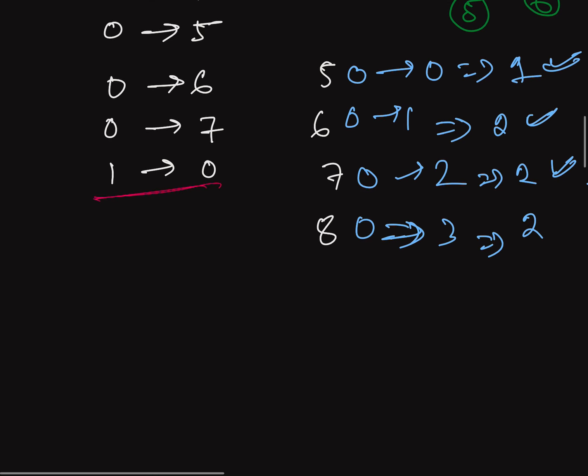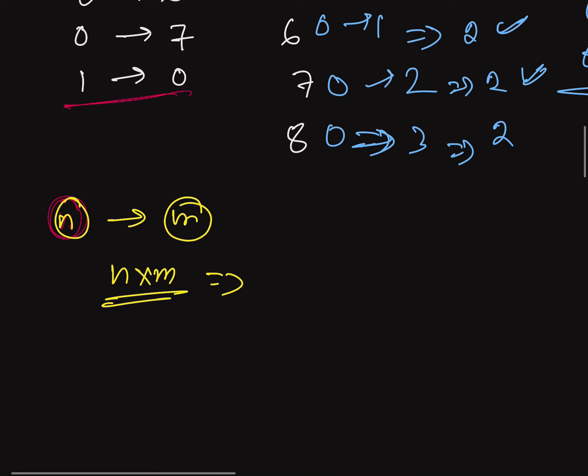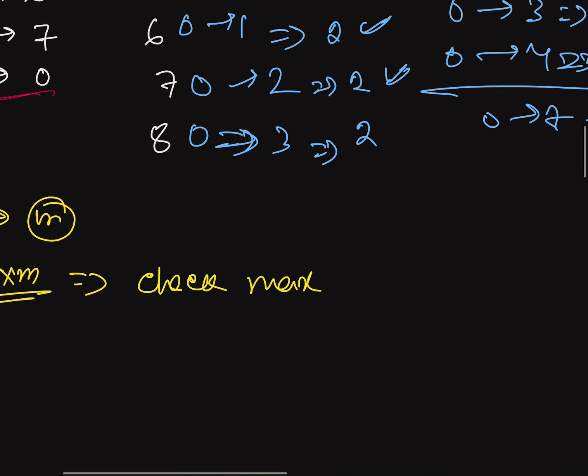So for each of the n nodes, we can connect m nodes from tree 2. So the number of possibilities is n into m, and for each possibility I will check the maximum target possible.